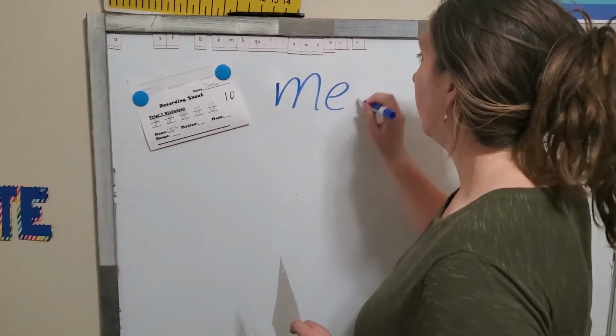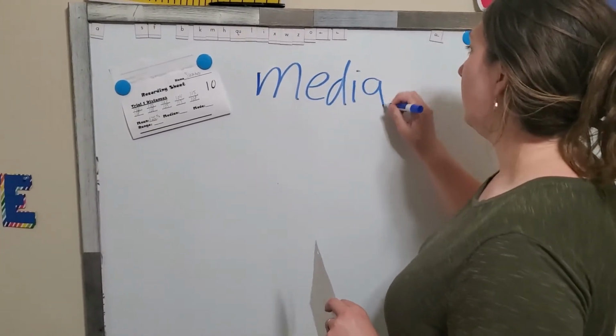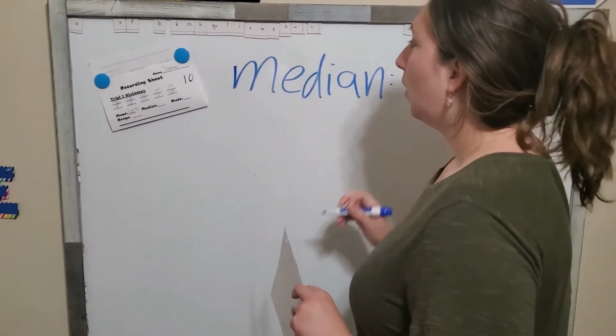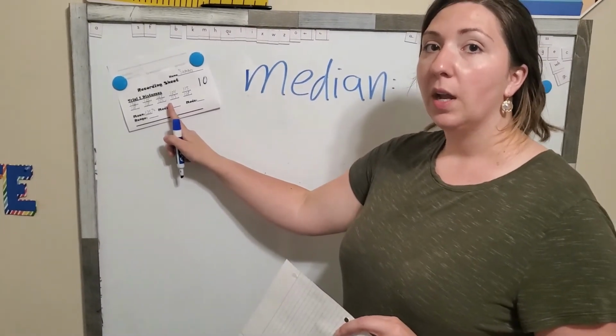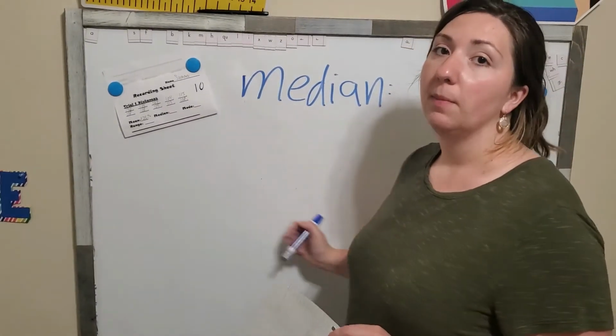So median is when we put all these numbers in the data set in order, and then we're going to find which number's in the middle.